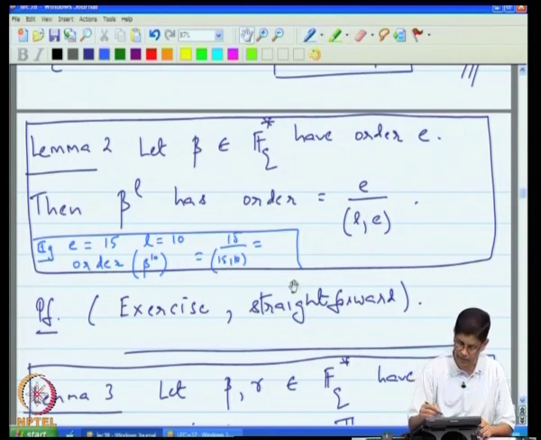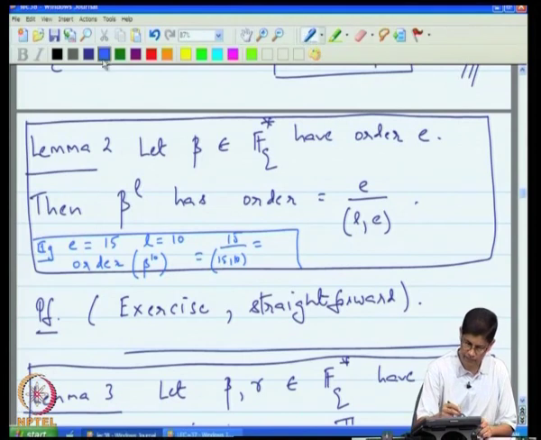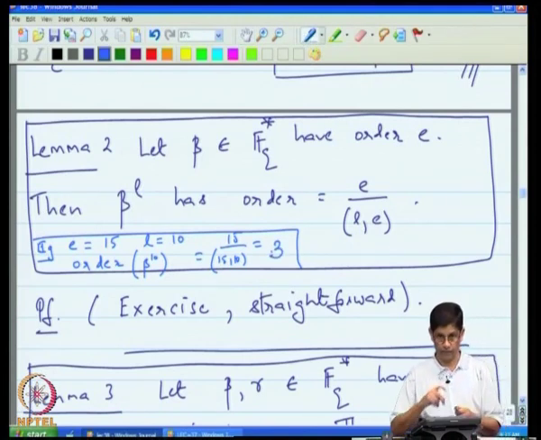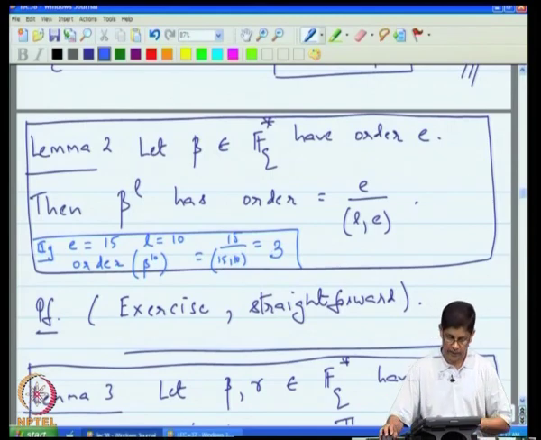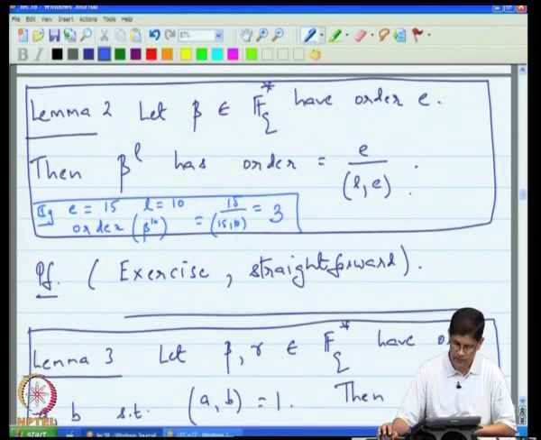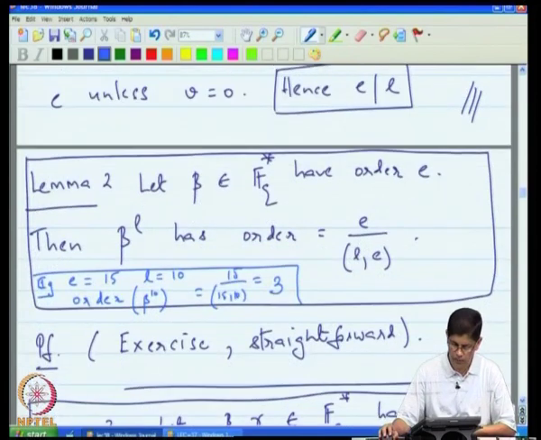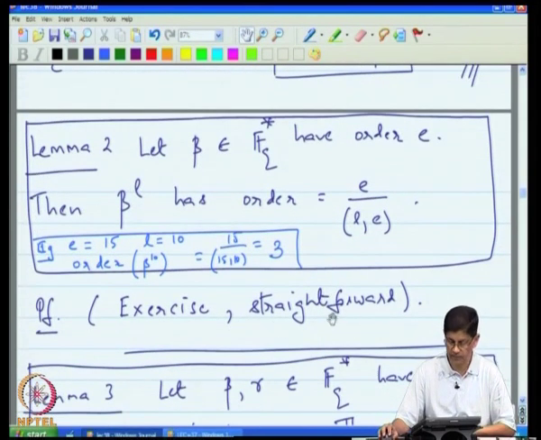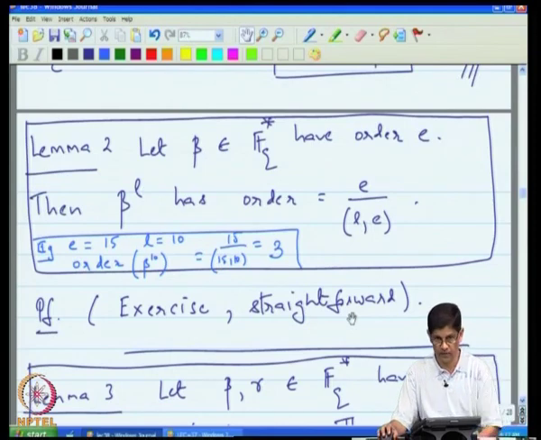So, this will end up being 3. All right, this was just to give you an example. I will not prove this, but have left this as an exercise for you, and the exercise is straightforward.